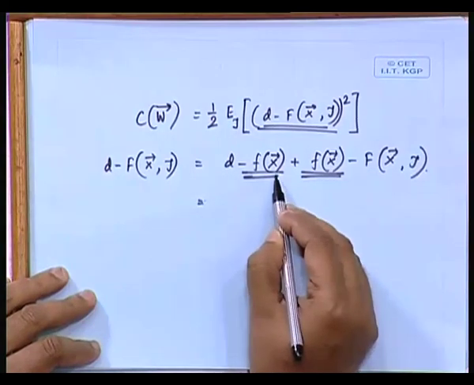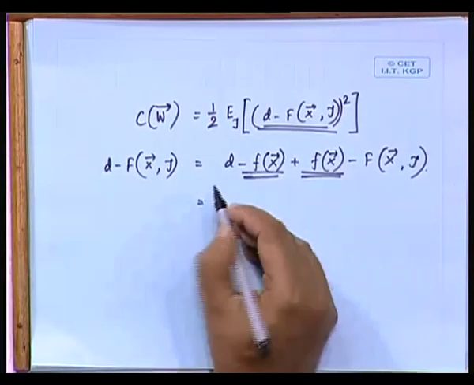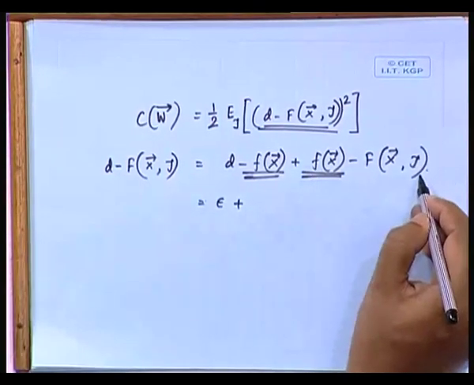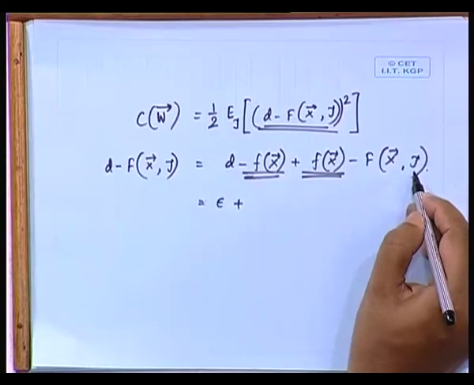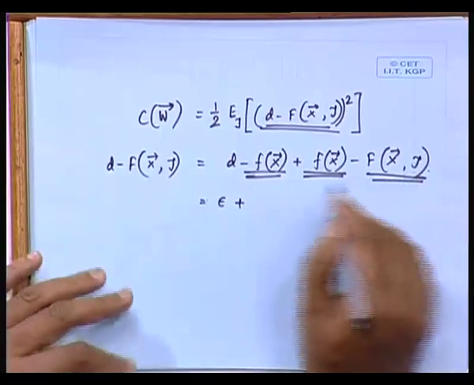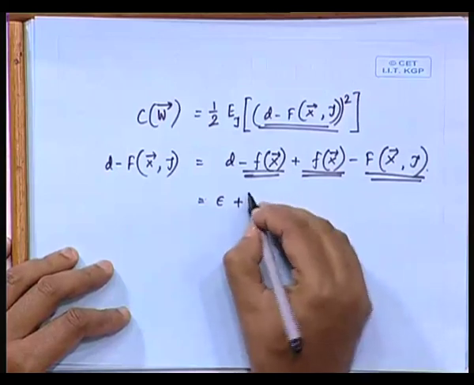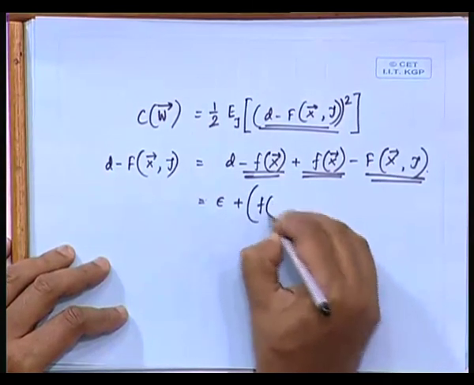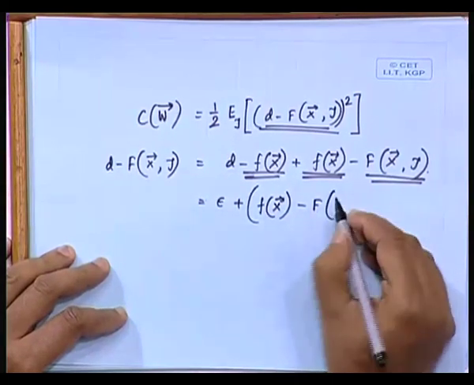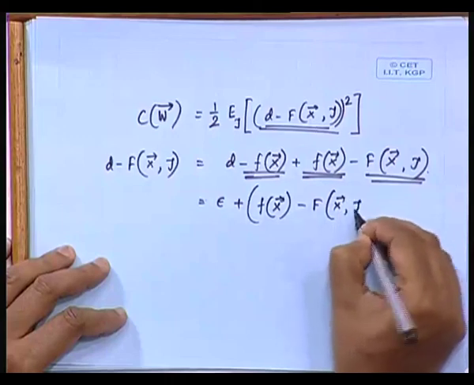What is d minus f(x)? d minus f(x) is epsilon. So, it is epsilon plus f(x) minus F(x, T). In fact, this is what we are looking for, the error between the actual function, or rather the regression function, and the approximation that we are doing by applying the neural network.